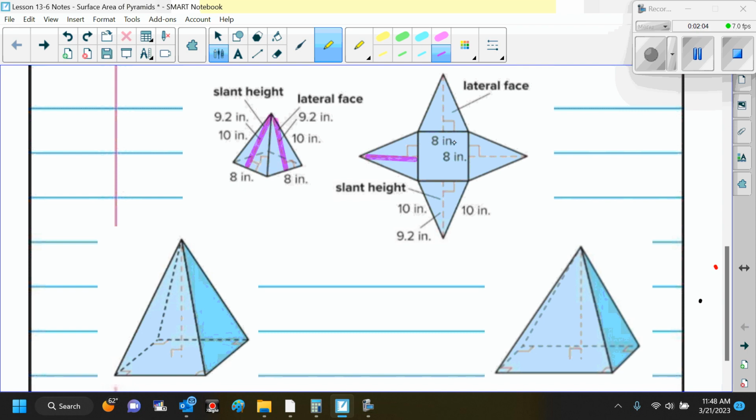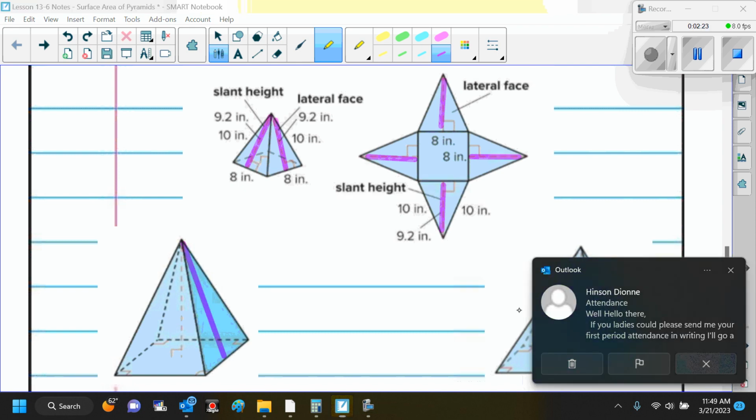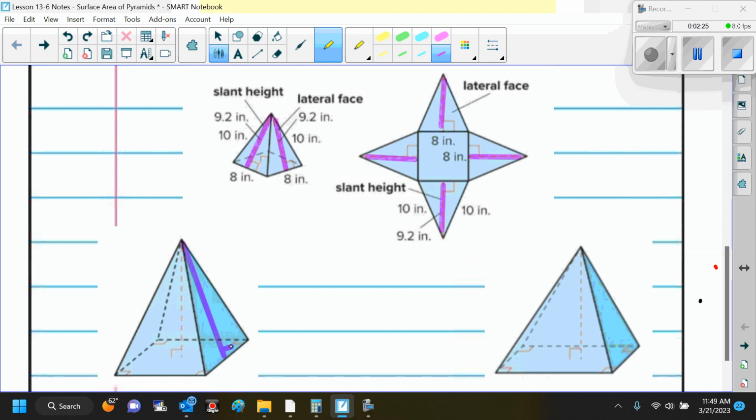Over here, this is the slant height. The slant height of each of those lateral faces, that's the slant height. If I'm looking at this picture, the slant height is right there, and that drops down to a right angle right there.